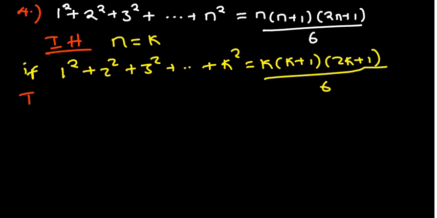So therefore we need to introduce a new term. So I have 1 squared plus 2 squared plus 3 squared plus k squared. Now we are introducing a new term.